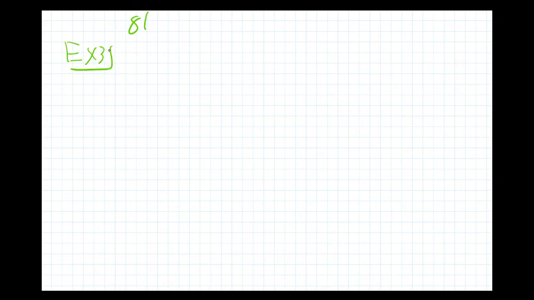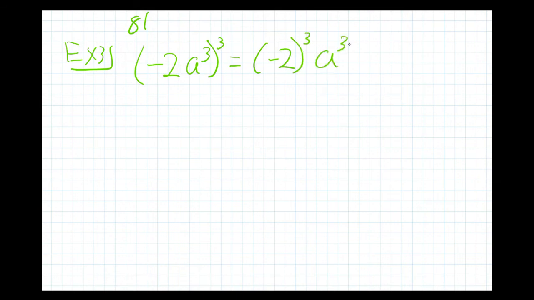Now up next for example 3, we have something like negative 2 a to the third all to the third power. So this again is saying negative 2 to the third power times a to the 3 times 3 power. Again, that negative 2 is to the first power, so 1 times 3, we're just getting 3 there.